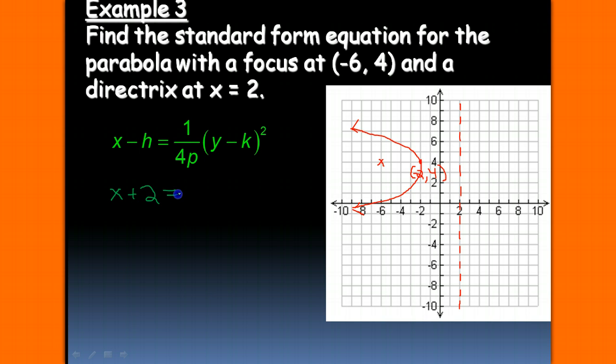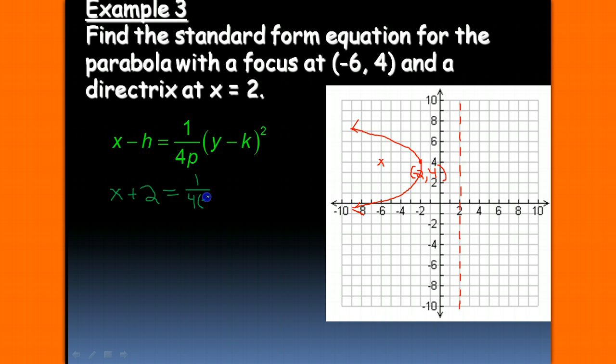We're going to have equals 1 over 4 times p. Just like with opening up and down, it's still 1 over 4p. And our p is going to be what? It has to be negative because we're moving from the directrix 1, 2, 3, 4 in the negative direction.